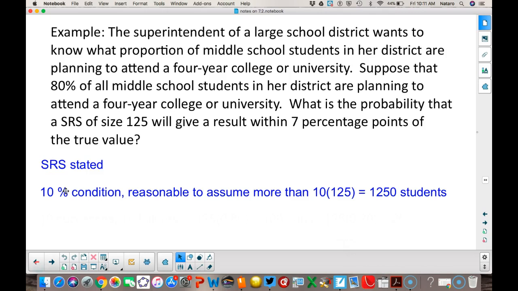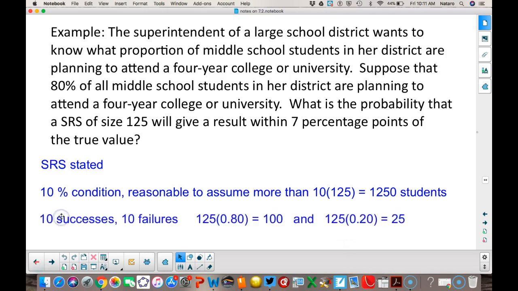Next, we need to make sure we would have at least 10 successes and 10 failures, meaning that we would expect on average, when we take a sample of 125, to have at least 10 of each. This will allow us to use normal distribution calculations.